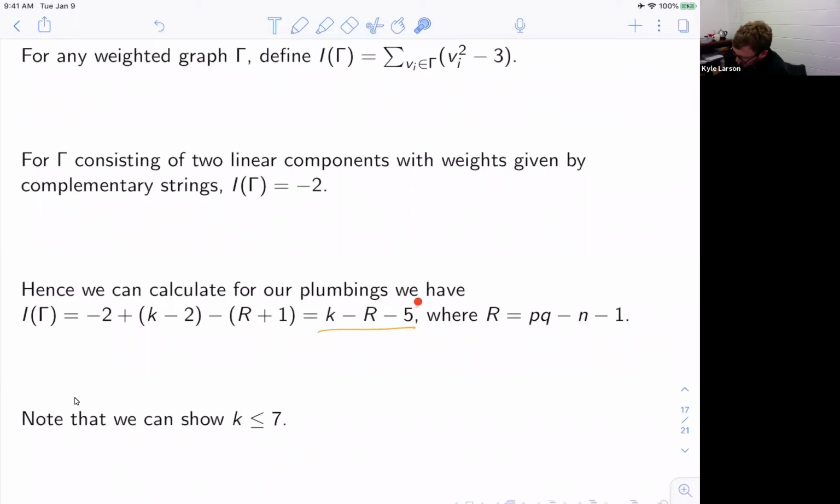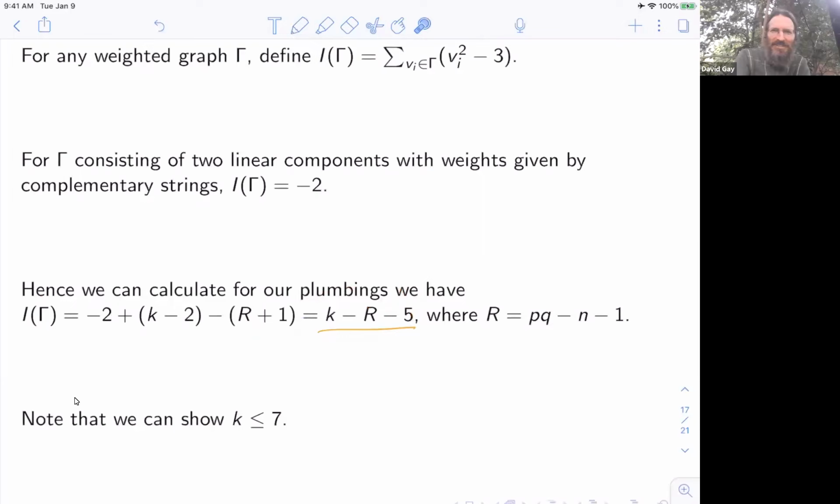So you could think of this as an upper bound; we've bounded I from above. In fact, we have an exact calculation, but depending on r, we have an upper bound using that k is less than or equal to 7. So what we want to do is provide a lower bound if we have an embedding. And for that, we need the following idea.